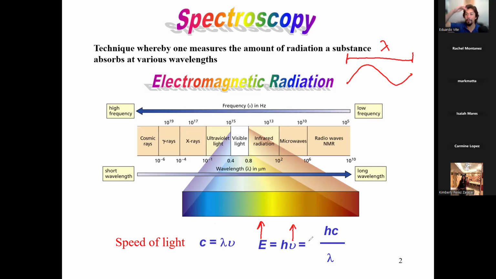If you're going to make a wave that goes up and down much faster, in other words, the frequency is increasing, you're going to use a lot more energy. And if you're going to make a wave that has a longer wavelength, you're going to require a lot less energy. So you can see the relationship between frequency and wavelength. The shorter the wavelength, the higher the frequency, the higher the energy.